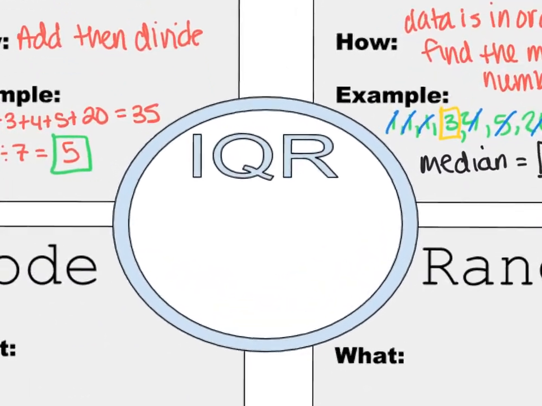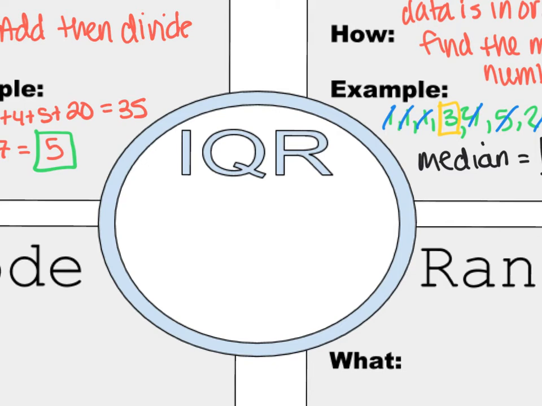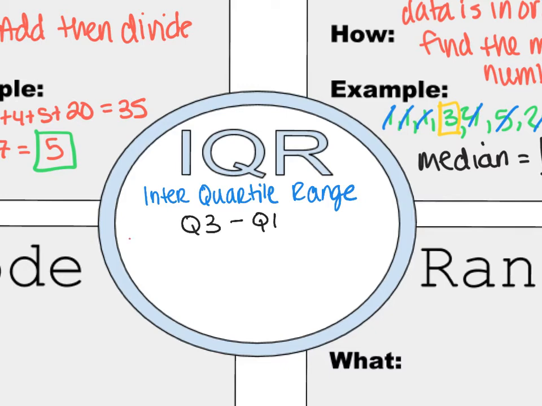All right, IQR is your interquartile range. And that is Q3 minus Q1. It's the width of the box.